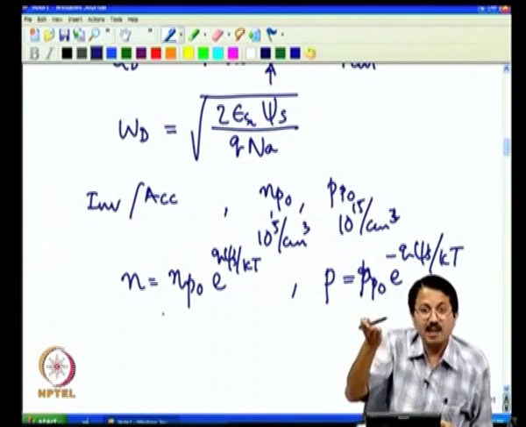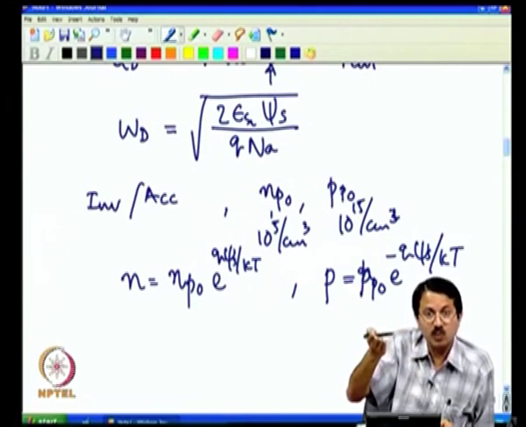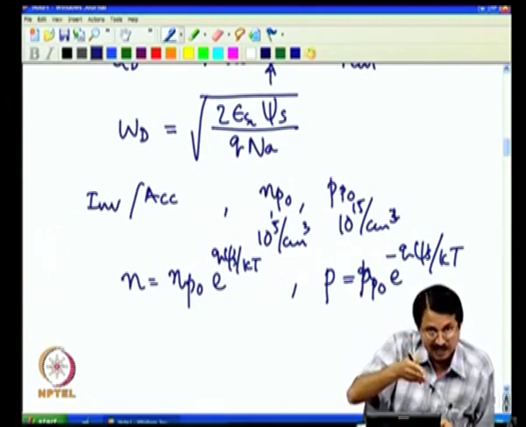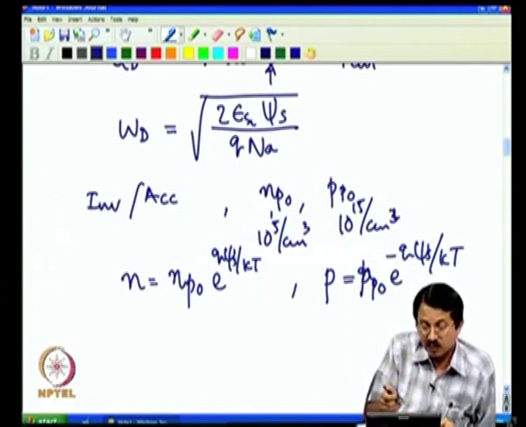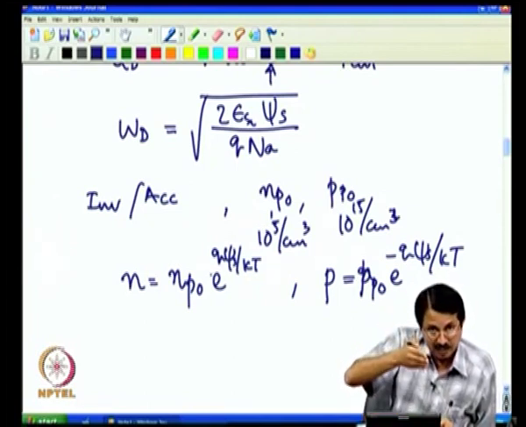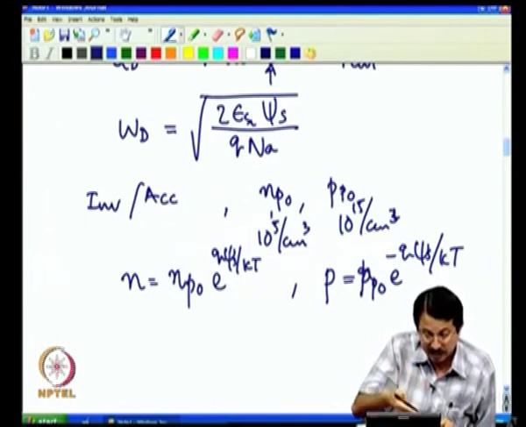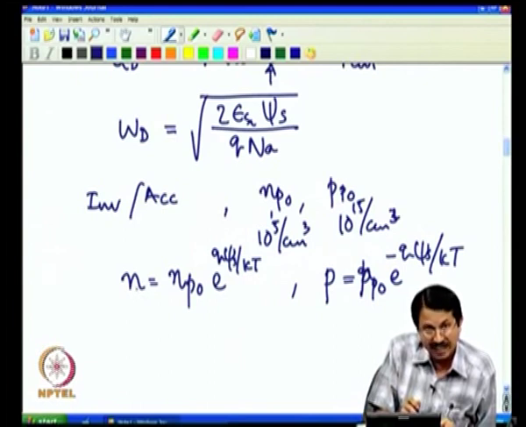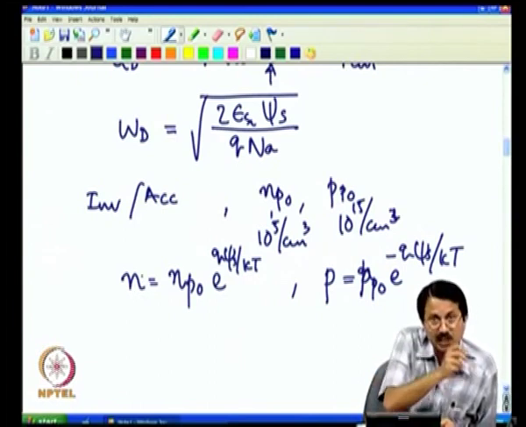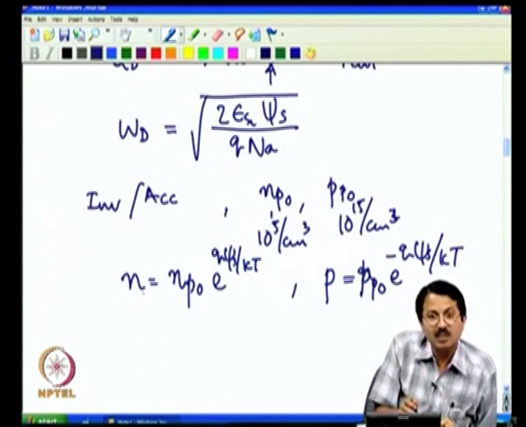Similarly, when I am bending the bands downwards to convert this p region into n region, once I reach inversion, subsequent to that there is further band bending, and psi s is now positive, which is why n is increasing. And what is the functional relationship of n, in turn your inversion charge? Inversion charge is related to n.